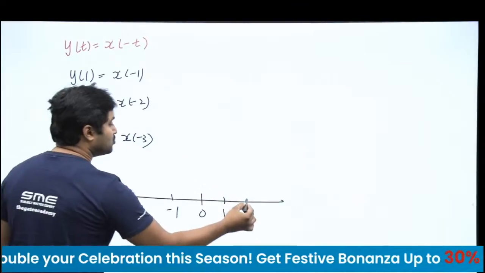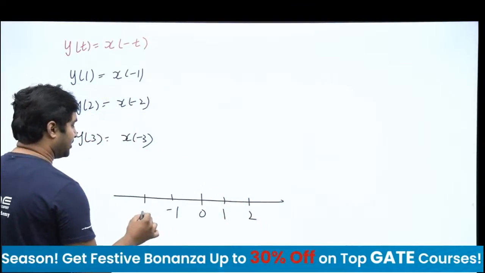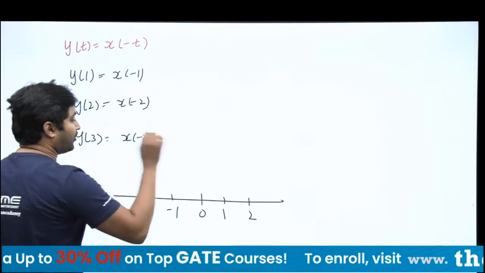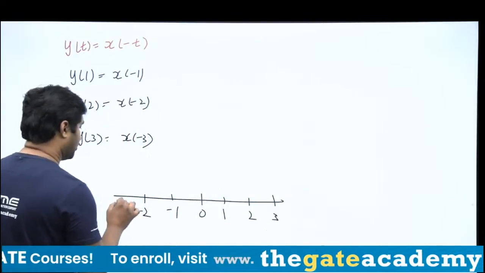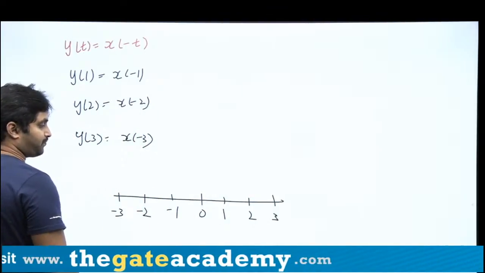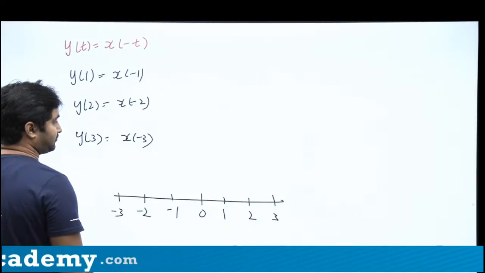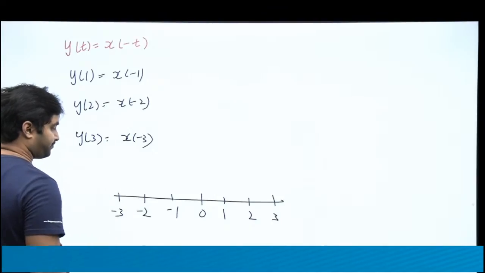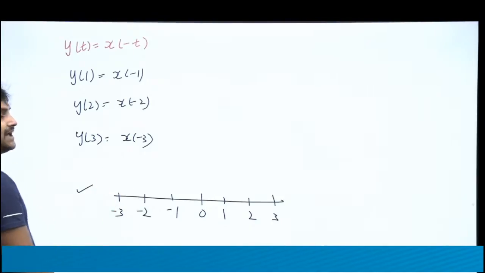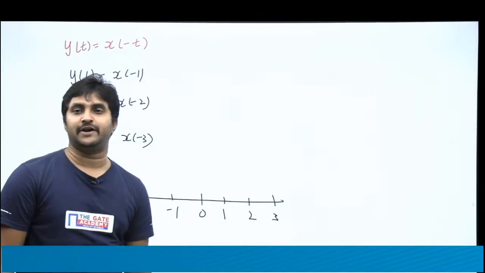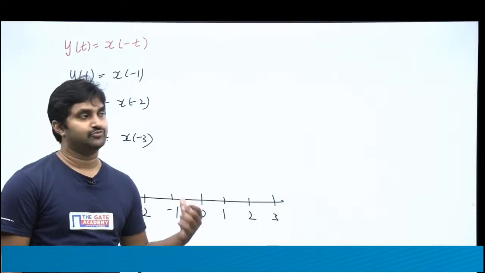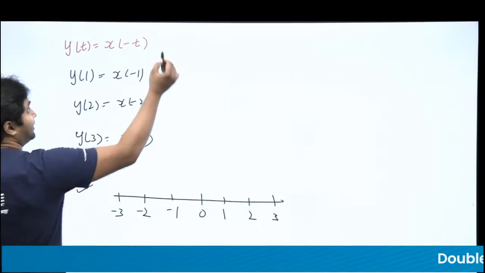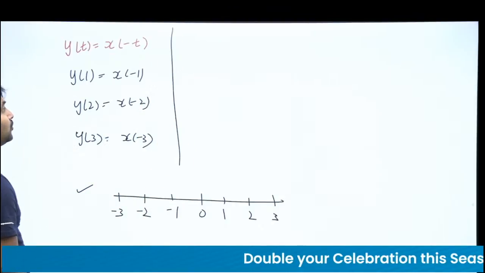Similarly, y(2) depends on x(-2), and y(3) depends on x(-3), right? Yes or no? It is depending on the past value. But the game is not over.